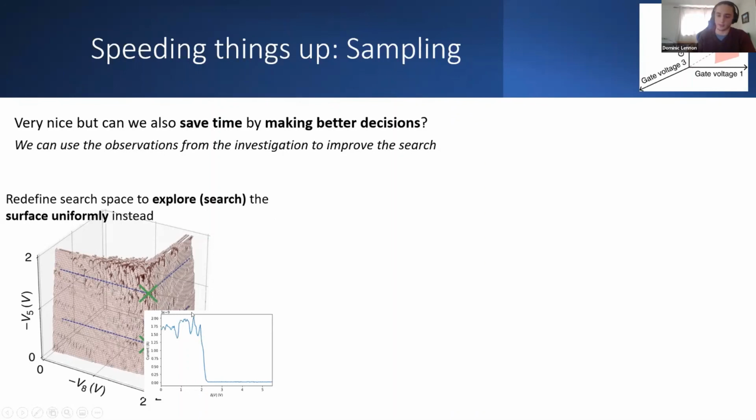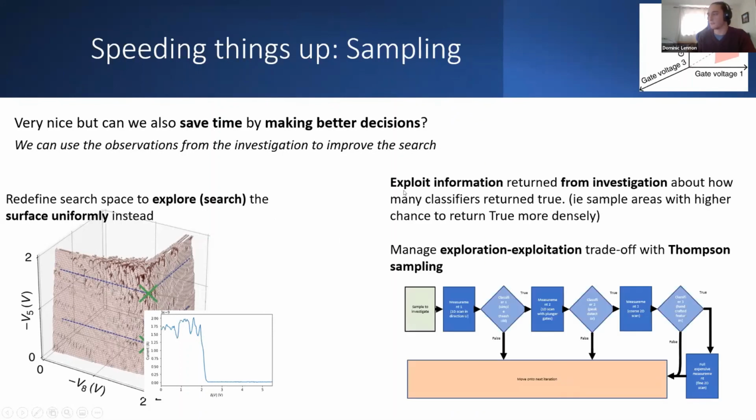So we can redefine our search to be on a surface and search this surface uniformly instead. We can also exploit additional information returned from other stages of the investigation to try and increase the probability of the investigation stage step returning true at various points.